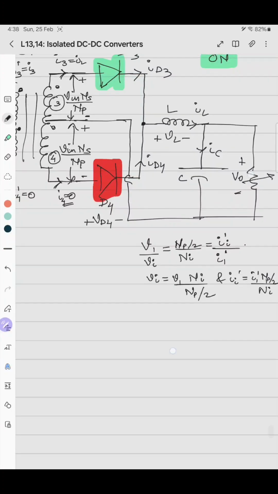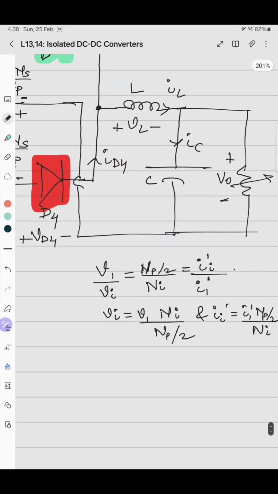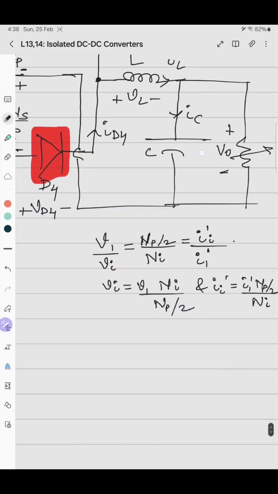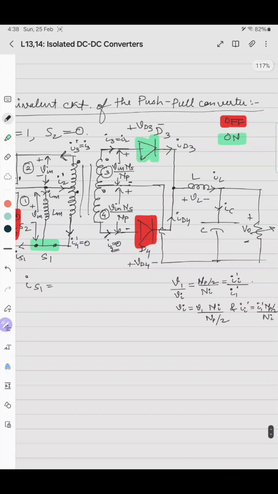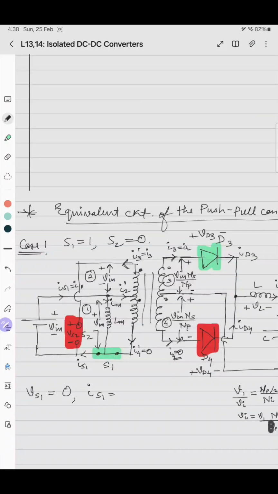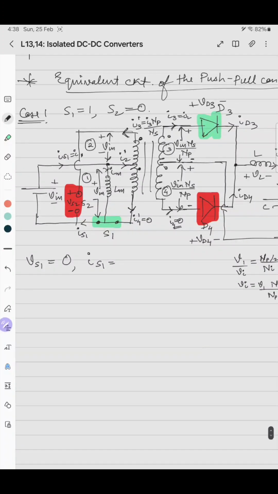So it should be like this, I1 dash, and the by 2 will get cancelled, so it will be Np by Ns. This current will be Np by Ns. This is the I3 dash, and I4 dash is 0.